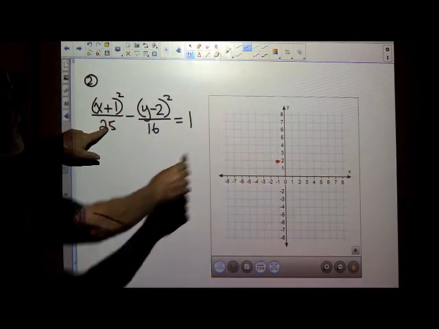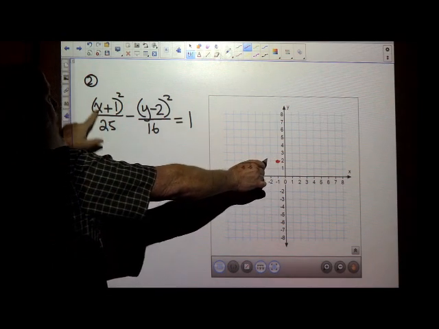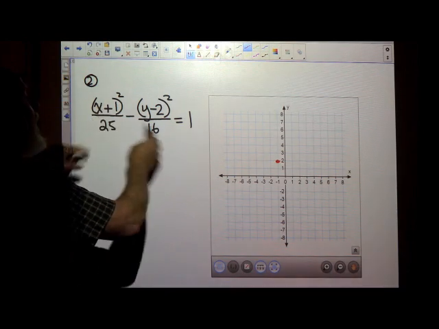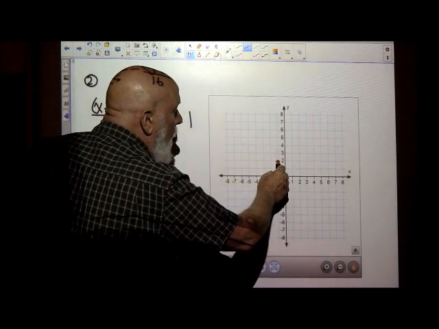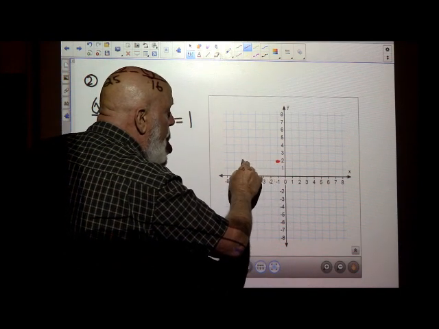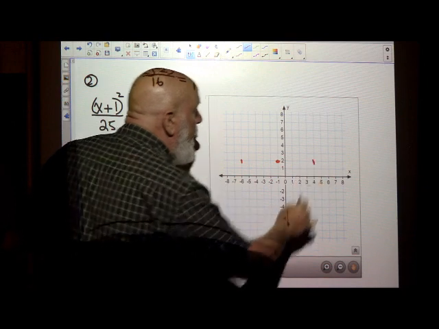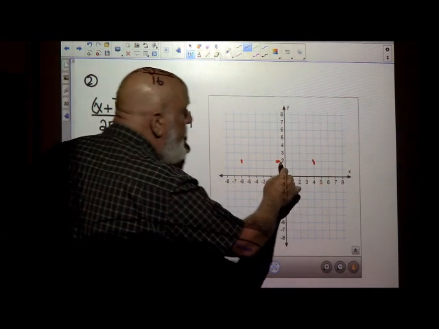And then from the center, I'm going to go 5 left and 5 right, because I take the square root of this number and go left and right, because x determines left and right motion. So 1, 2, 3, 4, 5. Let's see if I can count correctly. And going up and down, it'll be up 4 and down 4.